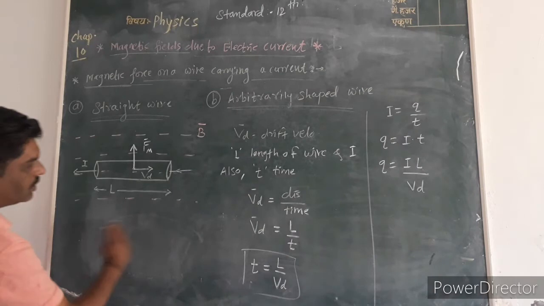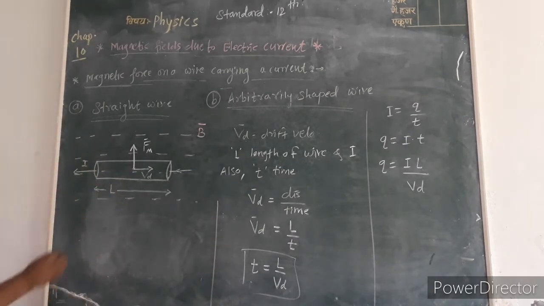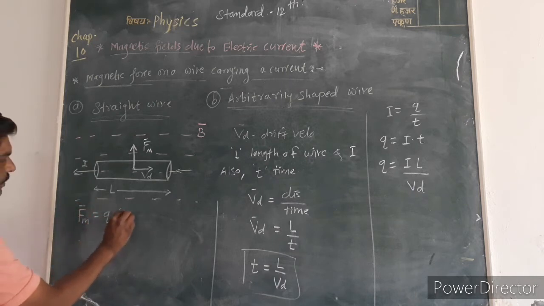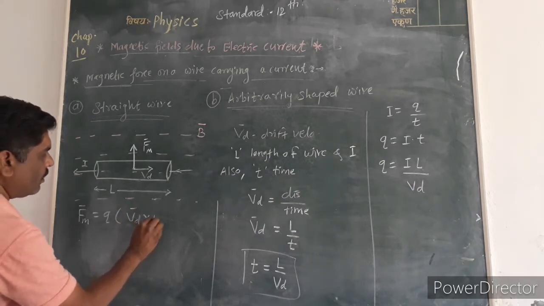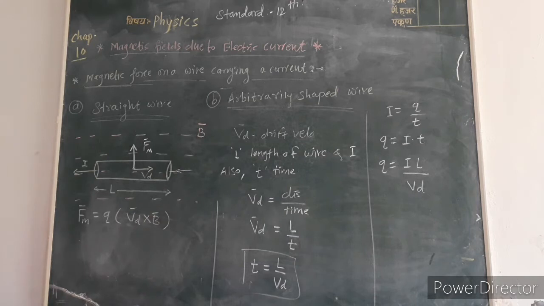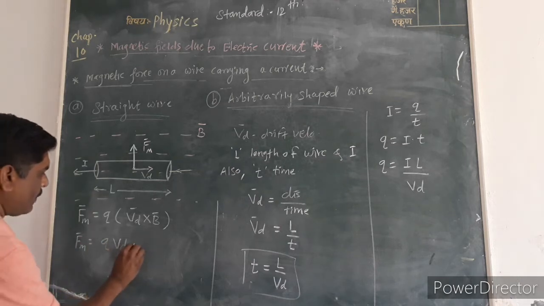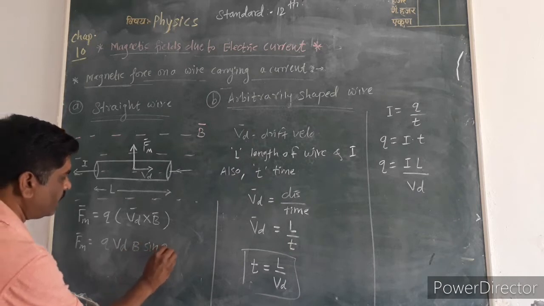And we find out the value of force Fm bar is equal to Q into bracket Vd bar cross B bar. This is the force due to the magnetic field. Or this is also written as Fm is equal to Q Vd B into sin theta.